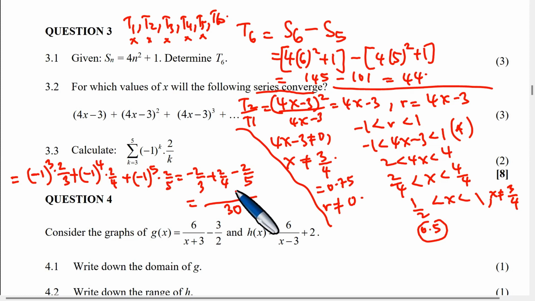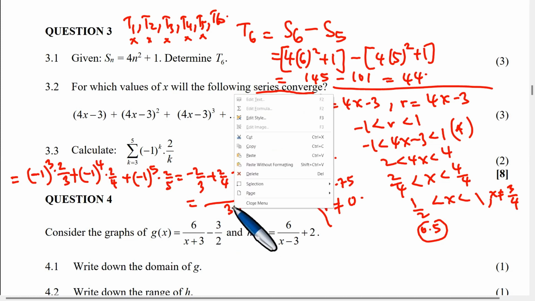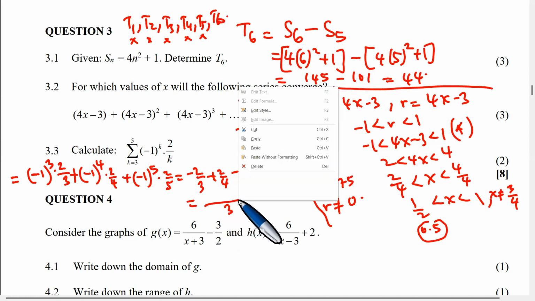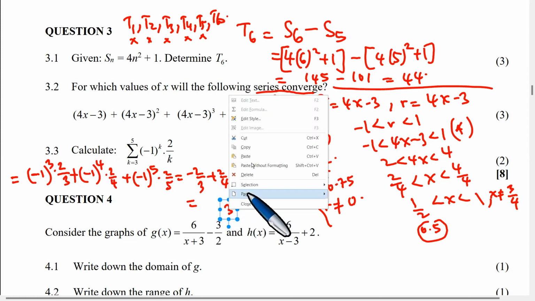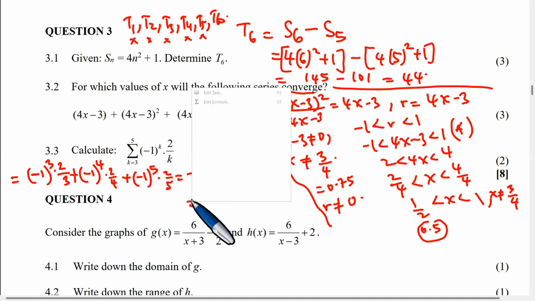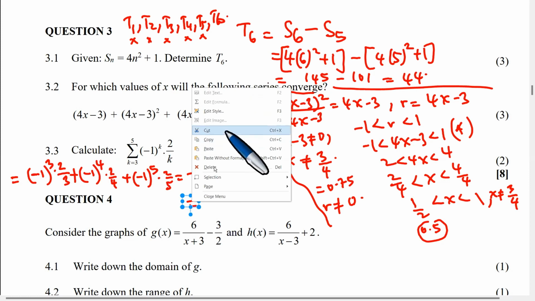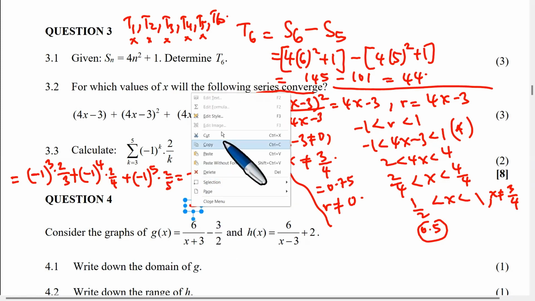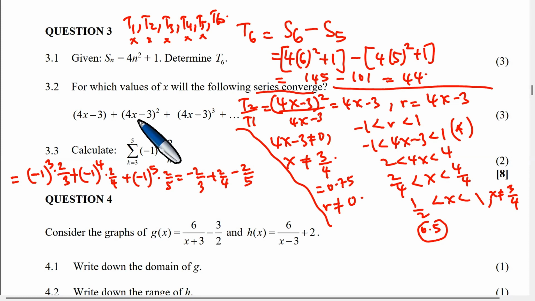We need to simplify this because this is like 1/2. Otherwise you go as far as 60, so I'm going to simplify this as follows.